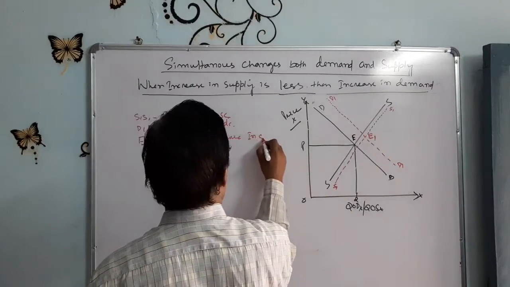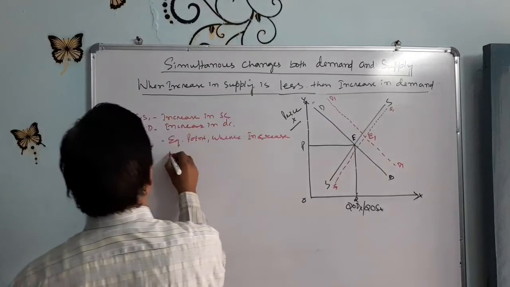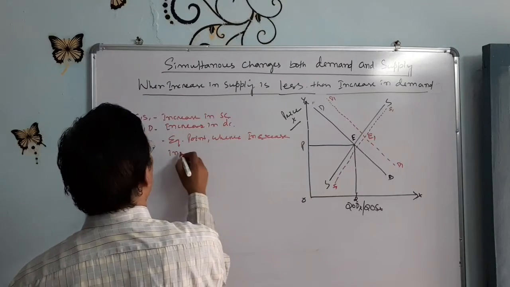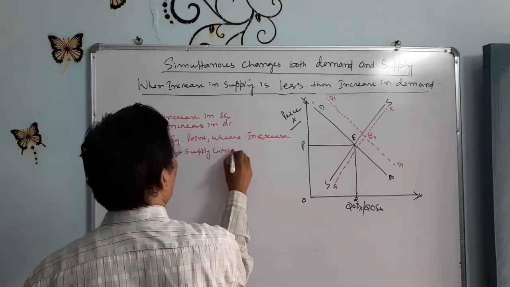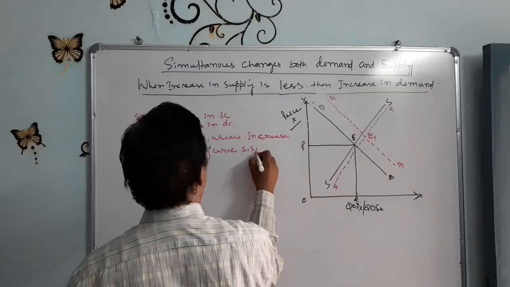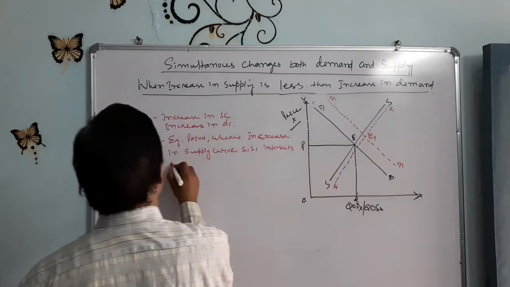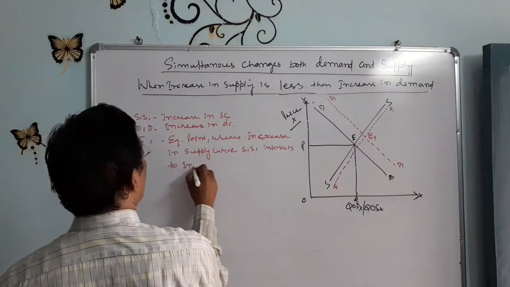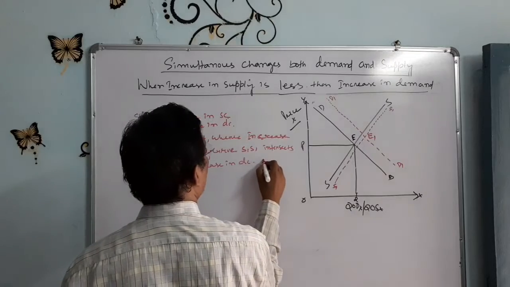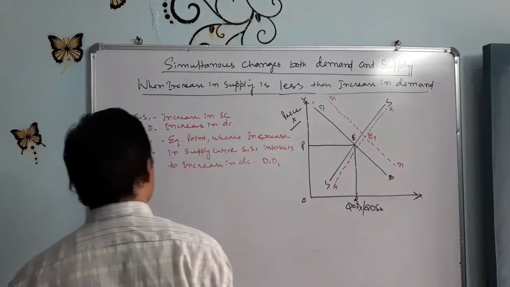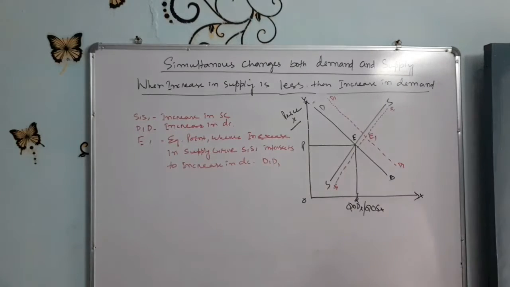where the increase in supply curve S1 intersects the increase in demand curve D1. Now E1 is the equilibrium point.